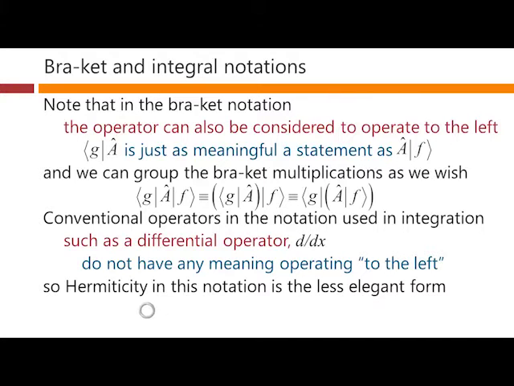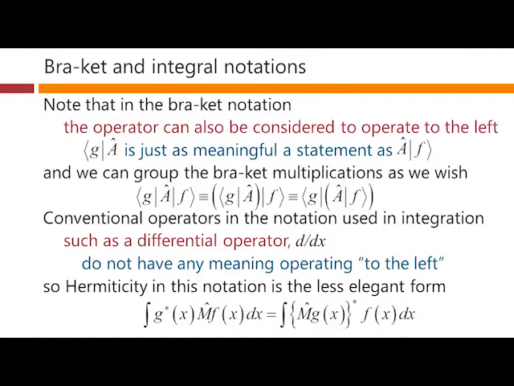So hermiticity in this notation is the less elegant form that we just derived, because we don't have the option of having this operator, whatever it is, operate to the left. That doesn't mean anything with things like differential operators that might be buried inside here. But in the bra-ket notation, we can do that. We can operate to the left first. It's just a matrix vector multiplication done legally, or we could operate to the right first. It doesn't matter.